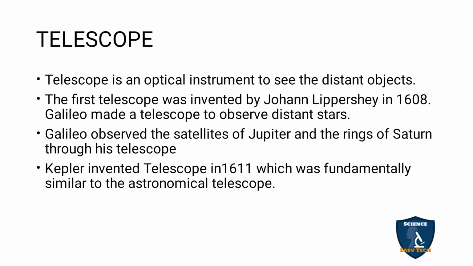The first telescope was invented by John Lippershey in 1608. Galileo made a telescope to observe distant stars. And Galileo observed the satellites of Jupiter and the rings of Saturn through his telescope.